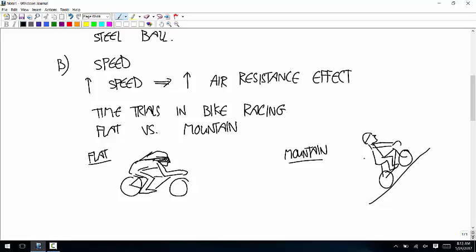So what's the difference? It's not that this is harder. The difference is just in the small change in speed. Relative to bike races, it's a big change in speed. In these flat time trials, they're going, say, 35 miles an hour, and in these mountain time trials, they're going 20 miles an hour.